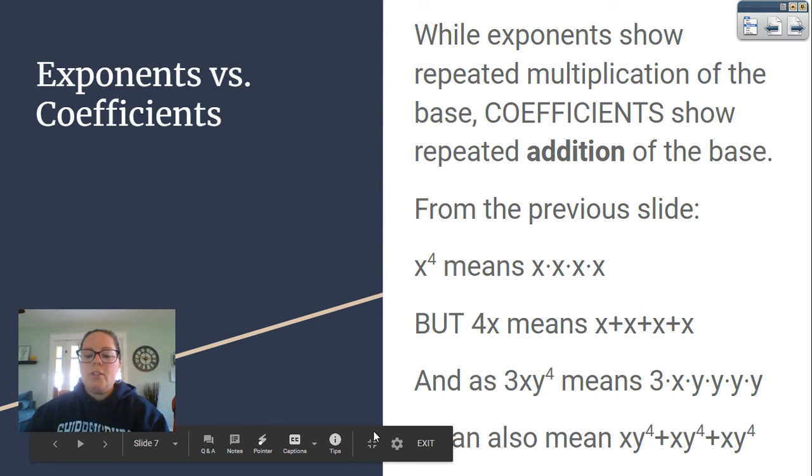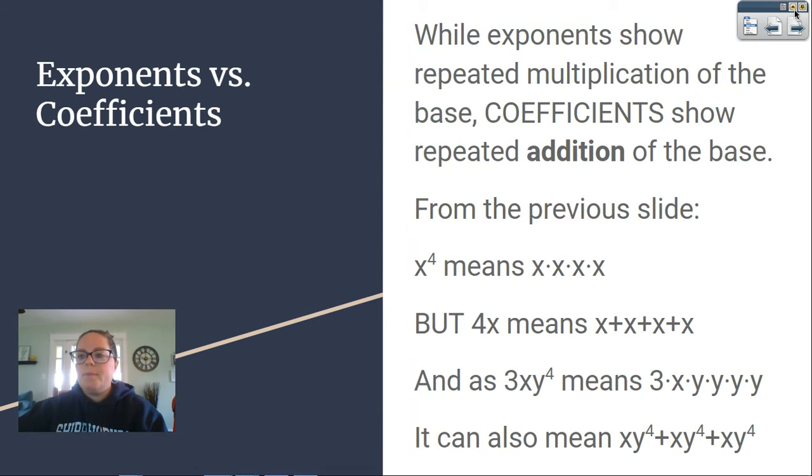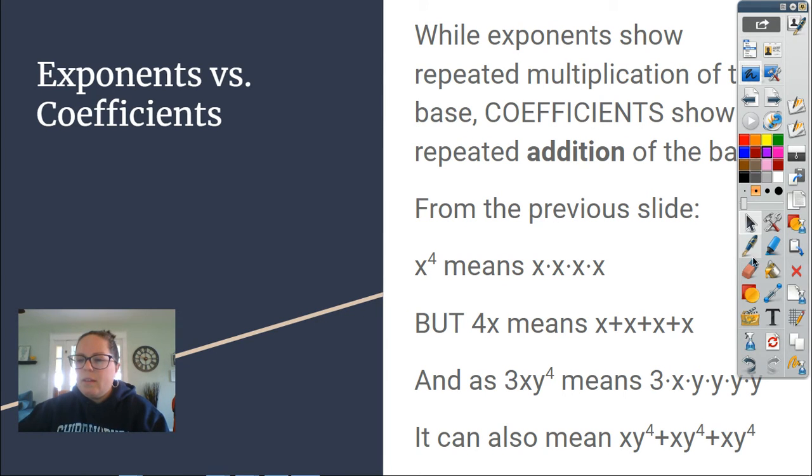But you could also see that the 3 as the coefficient would mean that you have 3 of these guys. With the coefficient being 3, or the coefficient means repeated addition, so I would be adding up 3 of these monomials here. So it could mean 2 different things.